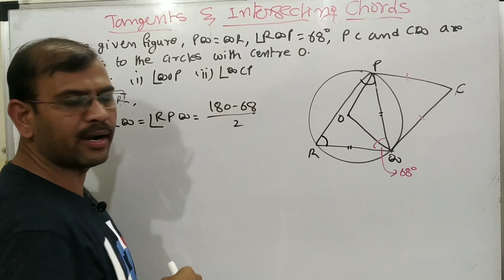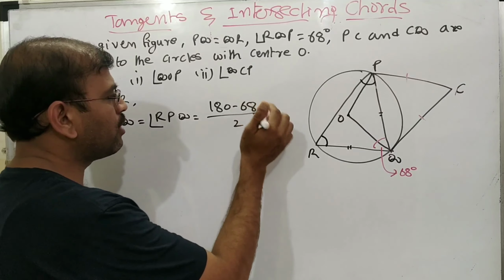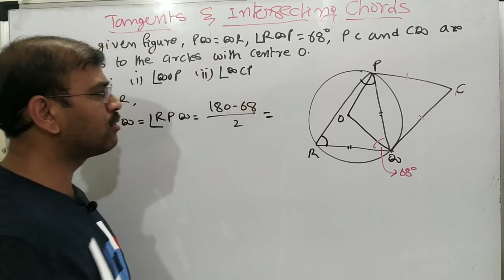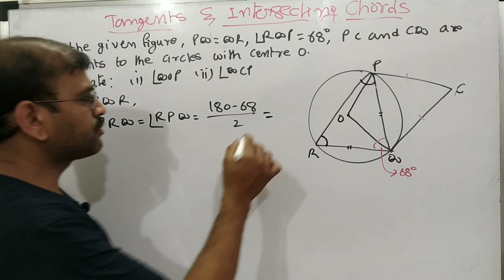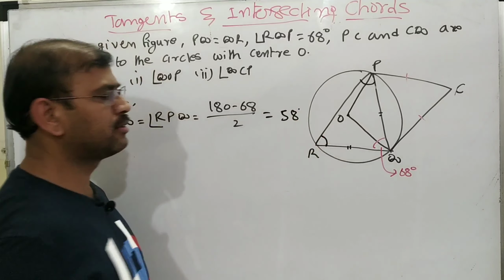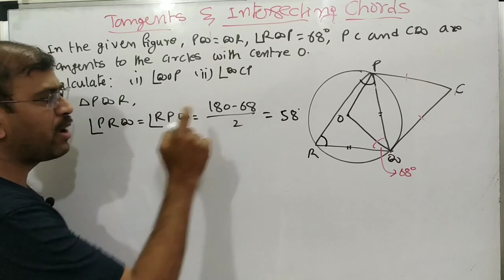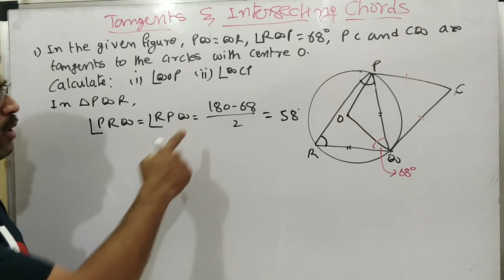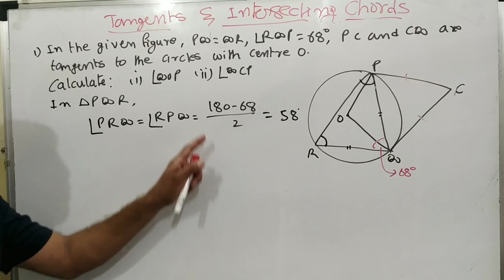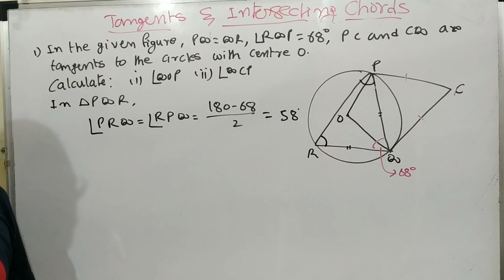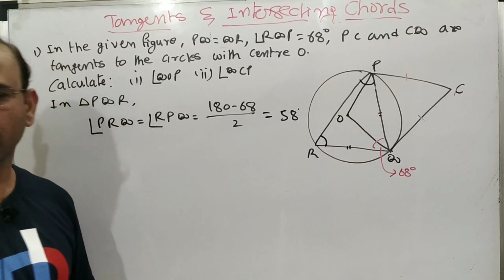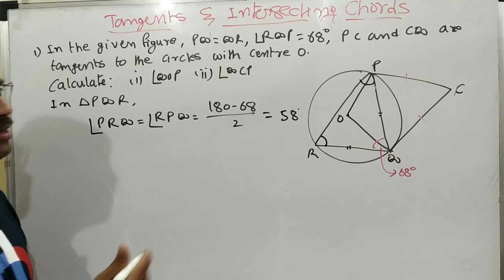This is how much you will get: 112. This 68 we have removed from the 180, and you get 112. 112 divided by 2, you will get 56.